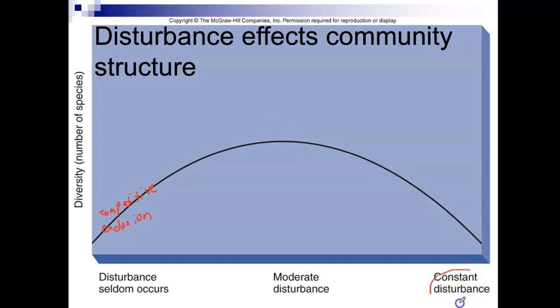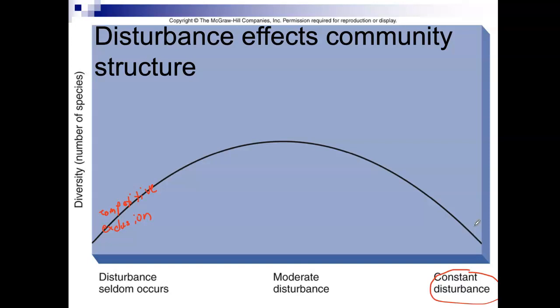Constant disturbance is going to lead to low biodiversity as well, because this isn't going to allow your community organisms to take a foothold. So if you had constant disturbance, possibly some new predators that were really detrimental to a bunch of different species in that area, not allowing them to inhabit that new open space.